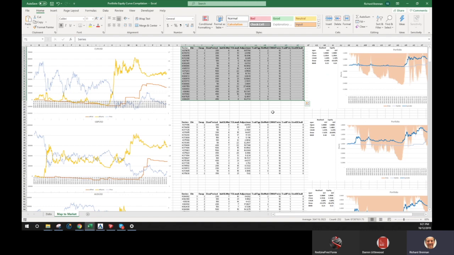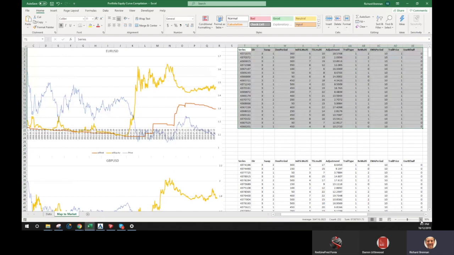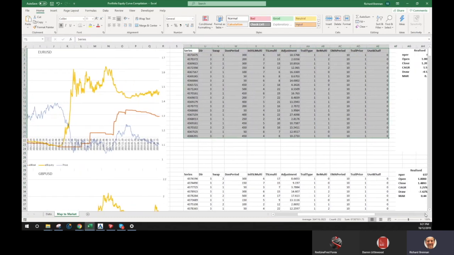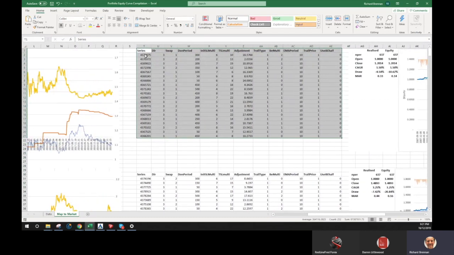So if you see this, I'll just blow this up a bit, just to explain. One of our instruments, this is for Euro USD. These are the top 20 solutions that Fred has mined from the process for Euro USD. You'll see here that we've got a Donchian trail.